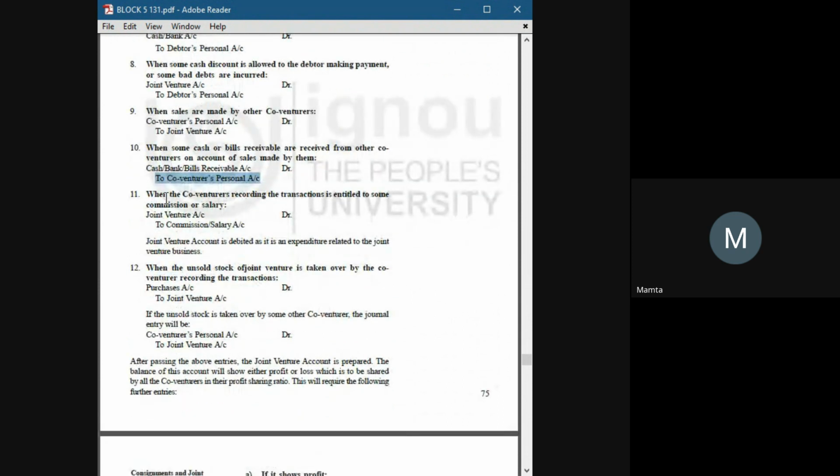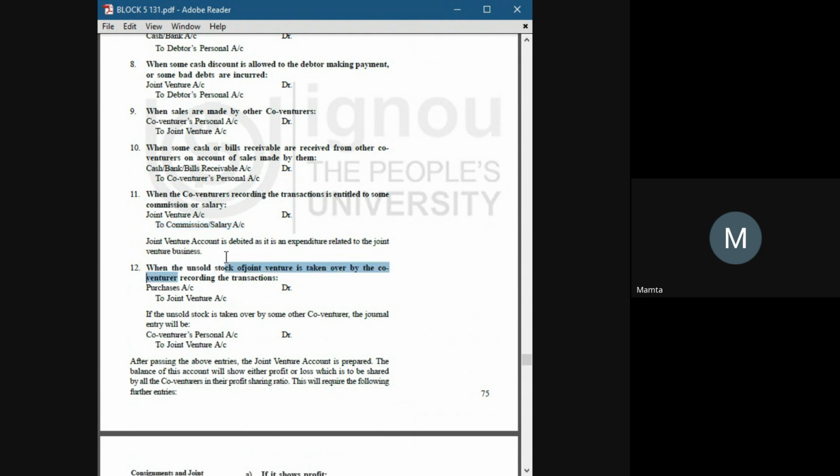When the co-venturer recording the transaction is entitled to some commission or salary, suppose B is maintaining the books of account and he is entitled to commission or salary, the entry would be joint venture account debit to commission or salary account.